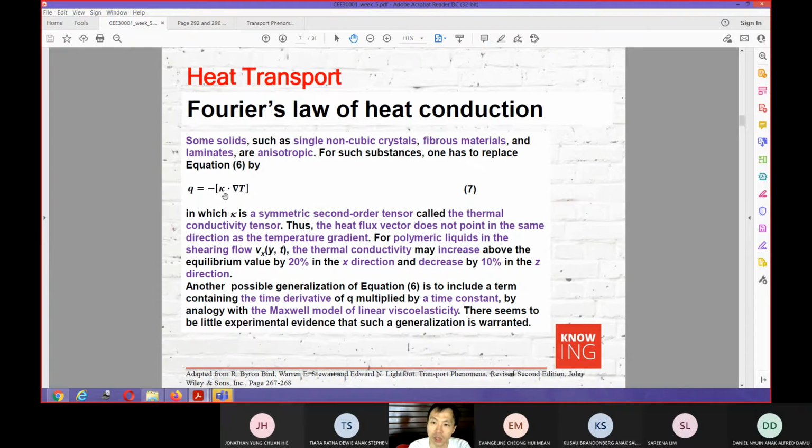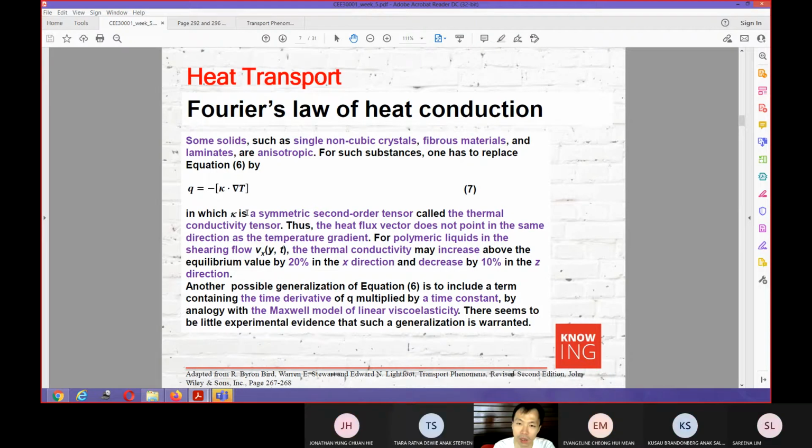This equation 7 comes with a thermal conductivity tensor, because we need to account for the difference in thermal conductivity in different directions.